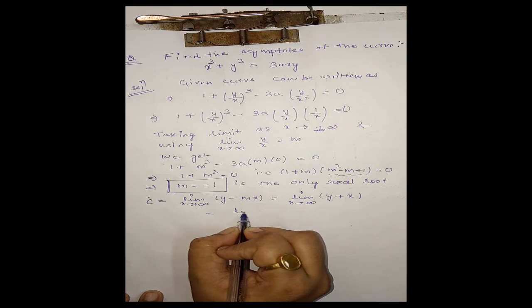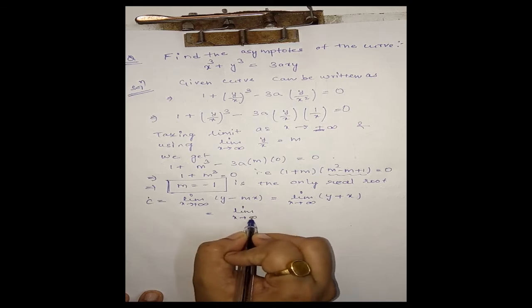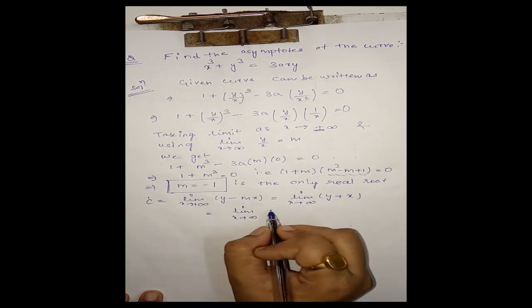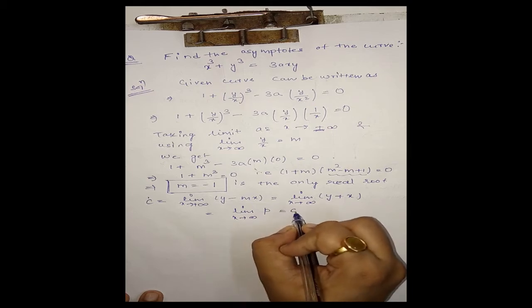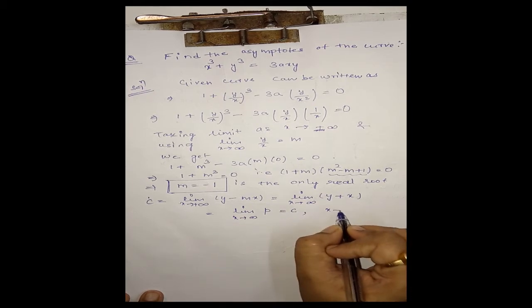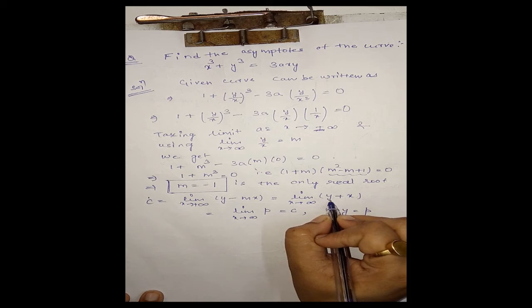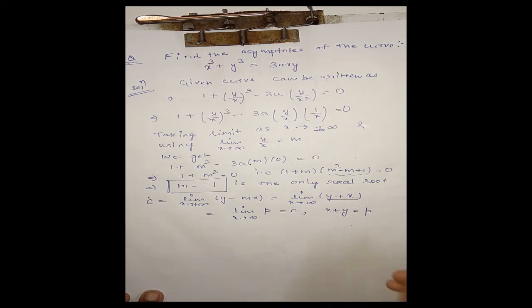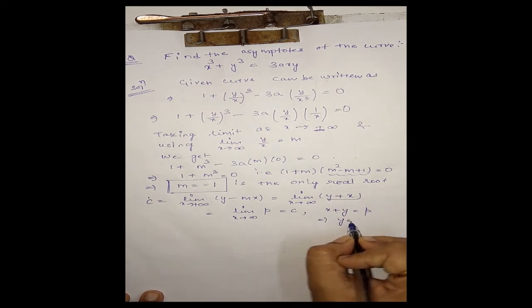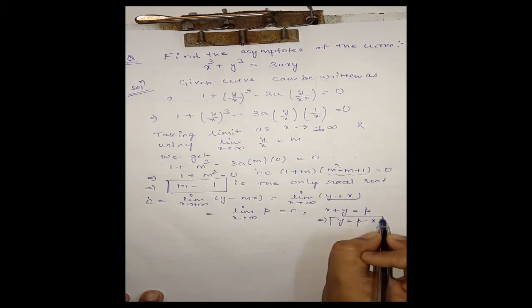Let this limit as x tends to plus infinity of (y plus x) be equal to c, where x plus y is equal to p. I take p to be y plus x, and this gives us y is equal to p minus x.